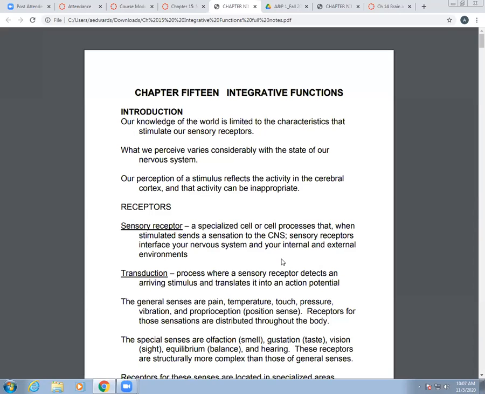So how we perceive a stimulus is going to reflect activity that's going on in our cerebral cortex. But sometimes that activity is not what it's supposed to be. Sometimes it's inappropriate. And here, when I say inappropriate, I mean maybe it isn't what should happen normally.